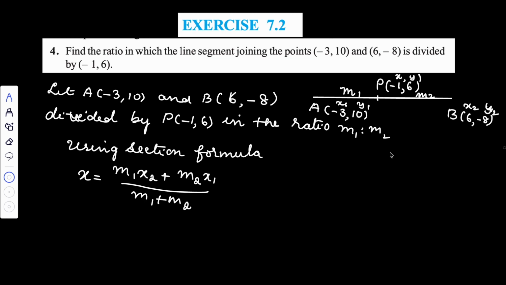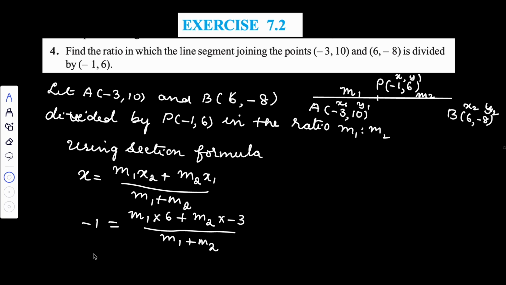So the x value is -1, equal to m1 is to m2, which we are required to find out. We don't know m1 and m2, into x2, x2 is given as 6, plus m2 into x1, which is given as -3, divided by m1 plus m2.